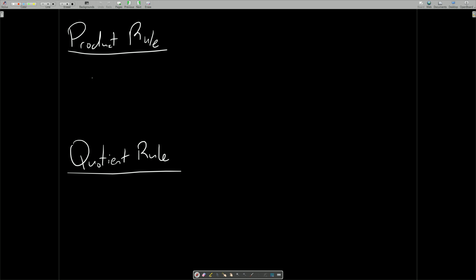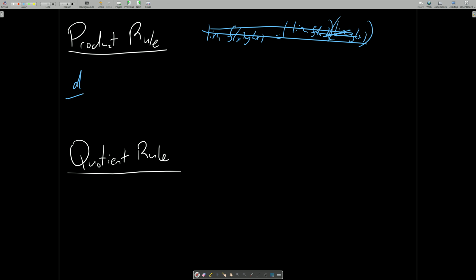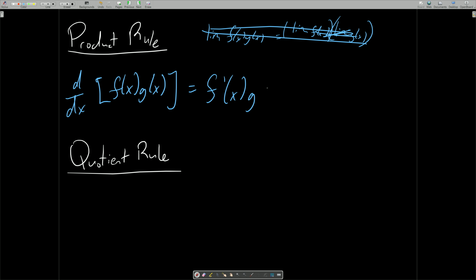Product rule and quotient rule. However, unlike limits, where the limit of two functions multiplied by each other is just the limit of the first one times the limit of the second one, you can't do that with derivatives. There's a special formula for that. The derivative of two functions multiplied by each other is f prime g plus g prime f.